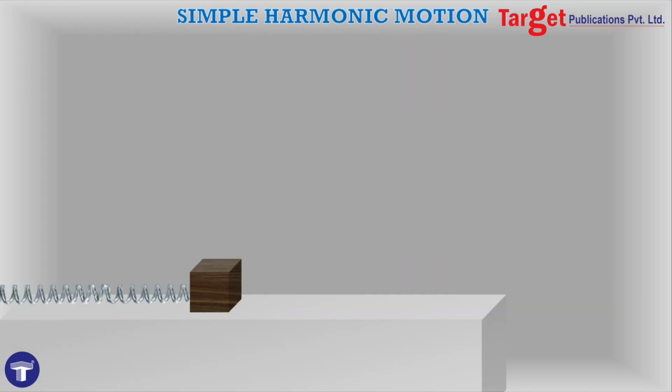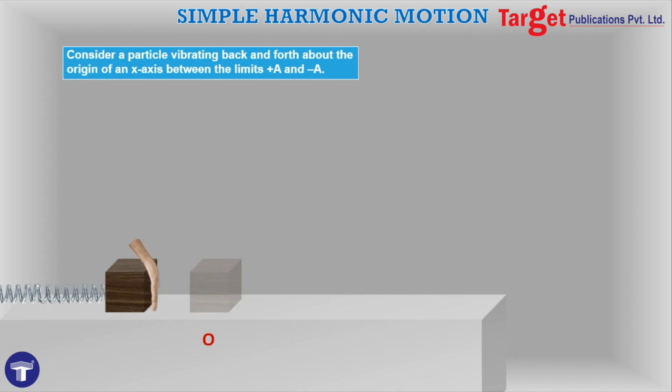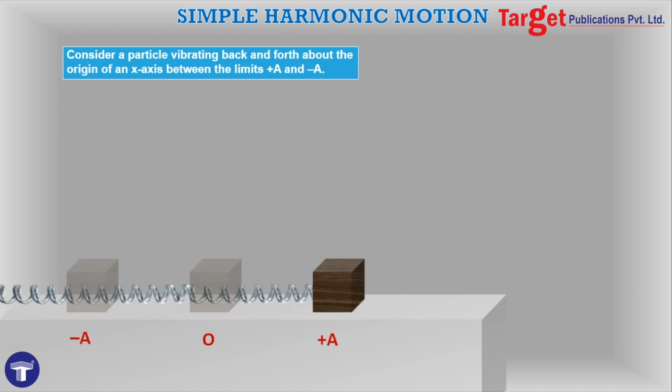Now, just like oscillatory motion is a type of periodic motion, simple harmonic motion is also a type of periodic motion. Here we have this particle connected to the spring, and if I push the spring and release it, then this particle undergoes oscillations. And it does so between the two fixed limits minus a and plus a.